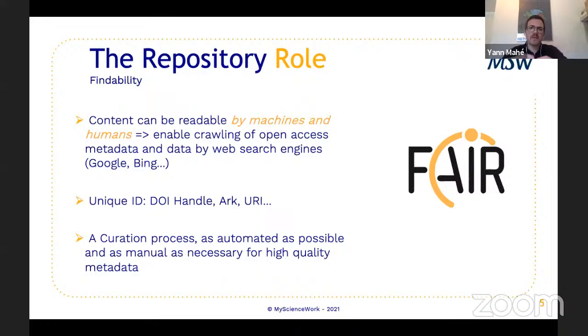And what I mean by that is that the repository can help to create links between these different research objects and support linking. So if a repository supports linking between different research objects, it can help to find related material to articles, to data, to software, and that kind of thing.